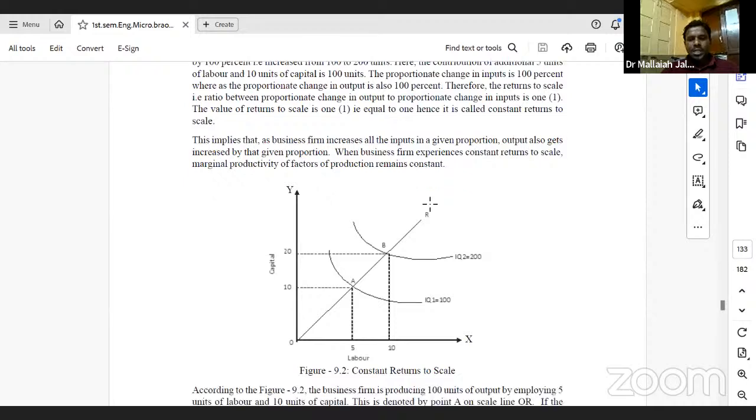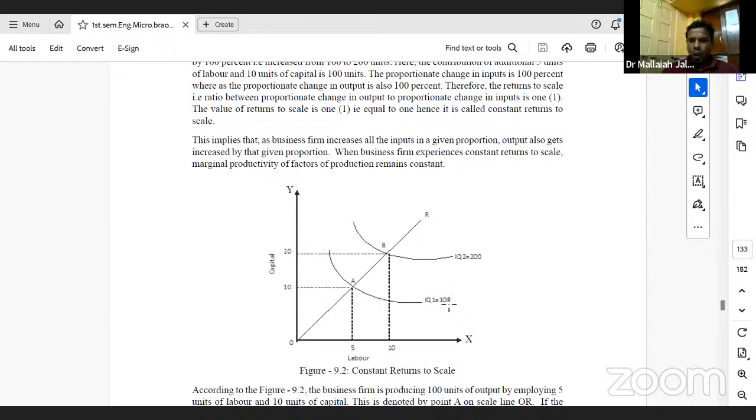See, now you see the changes. It is the same proportion. How much is the 10 to 20, the gap, or we can say this 5 to 10, okay? In the initial stage, capital is using 0 to 10 and labor is using 0 to 5. Here IQ at point A is touching the returns to scale. What does it mean? With the help of 10 capital, with the help of 5 labor, output is 100.